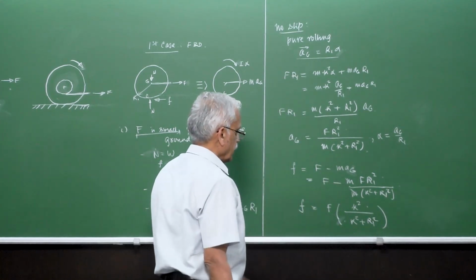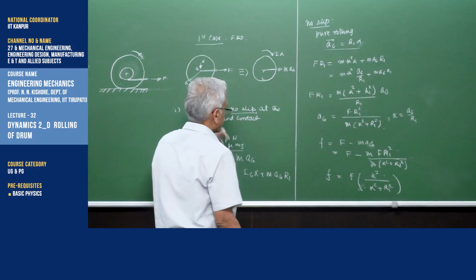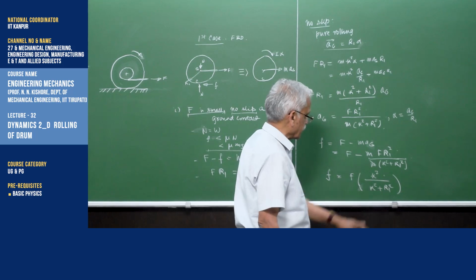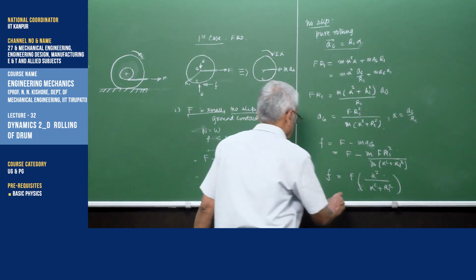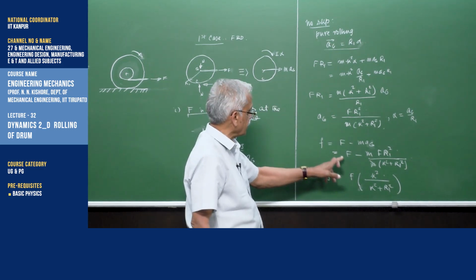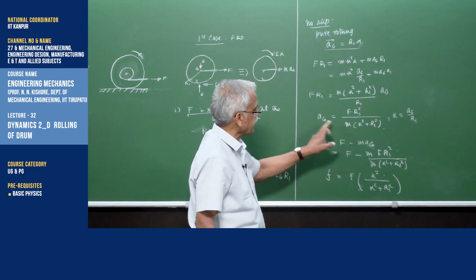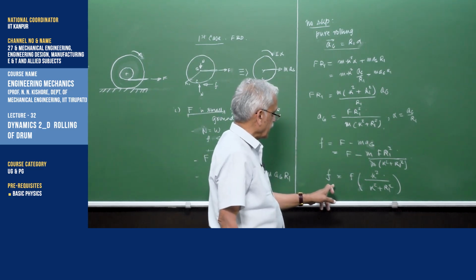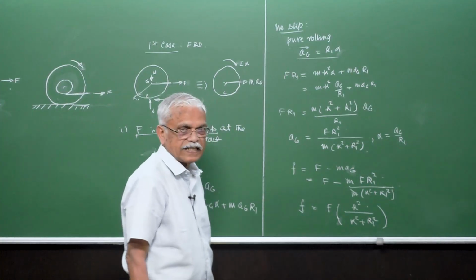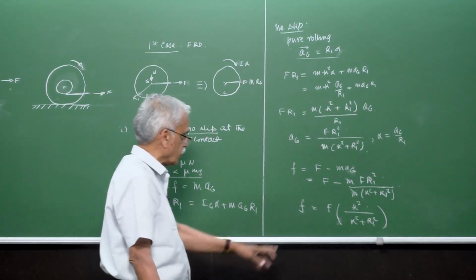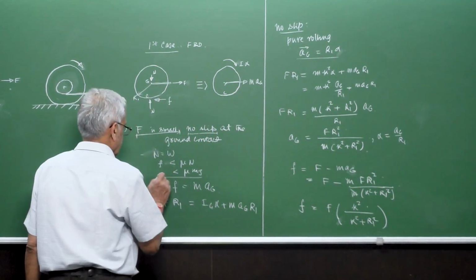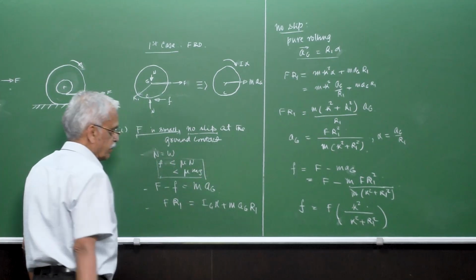So the f, that's the friction force here, is a fraction of F given by k squared over k squared plus r squared. So obviously as F increases, the acceleration increases, angular acceleration increases, and the friction force also increases. So this friction force can increase up to a point given by this limit.